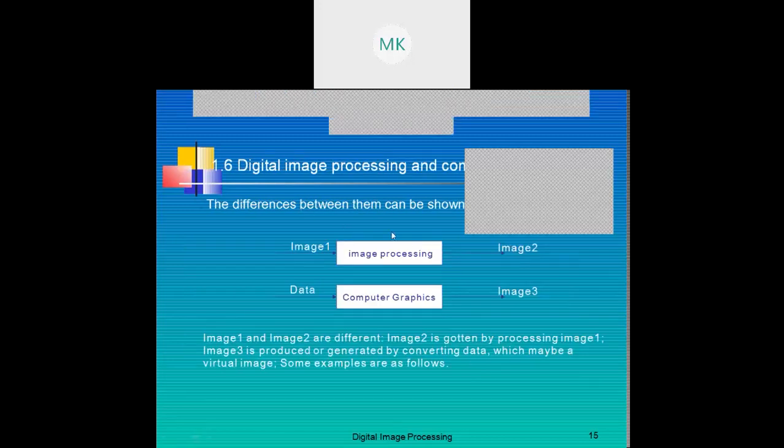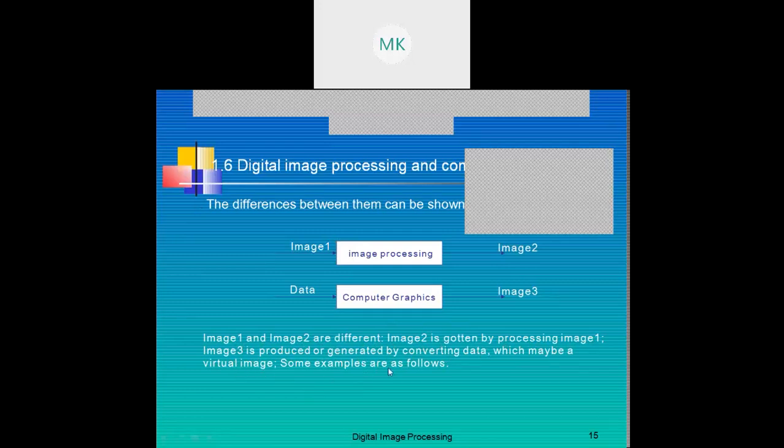These are the differences between digital image processing and computer graphics, which we have already discussed. In the case of image processing, image 1 and image 2 are different; image 2 is obtained by processing image 1. Image 3 is produced or generated by converting data, which may be a virtual image.